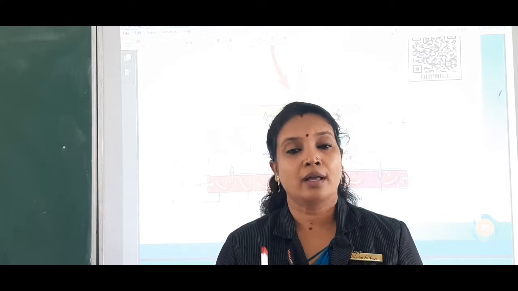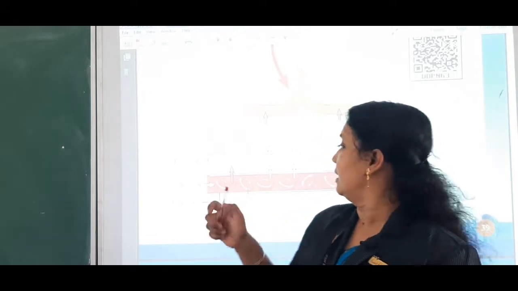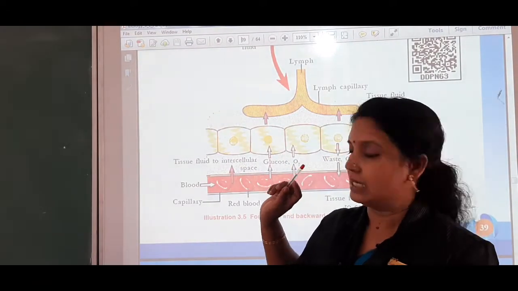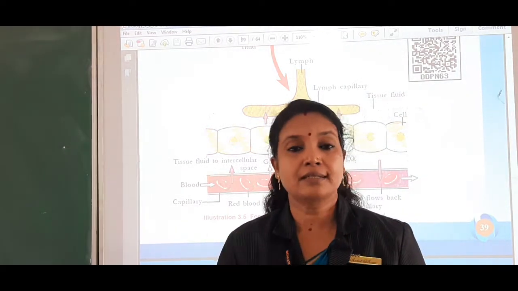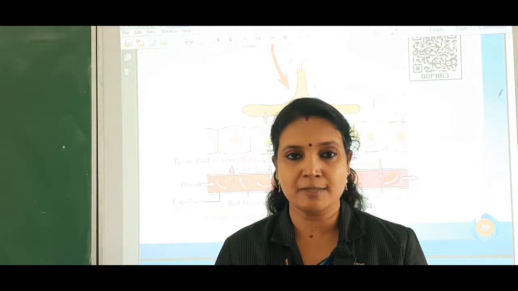Okay, so the lymphatic system provides immunity and it transports fatty acid and glycerol. Along with that, it also helps to maintain the level of tissue fluid in the intercellular space. Okay, so here the tissue fluid is formed, isn't it? So the major portion of the tissue fluid returns to the blood capillaries from the intercellular space.